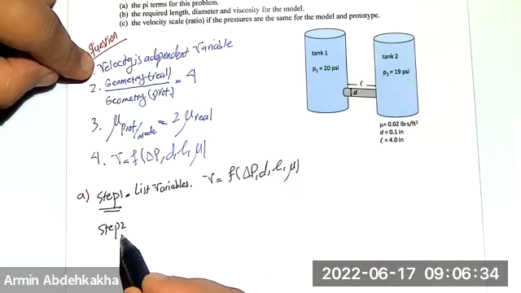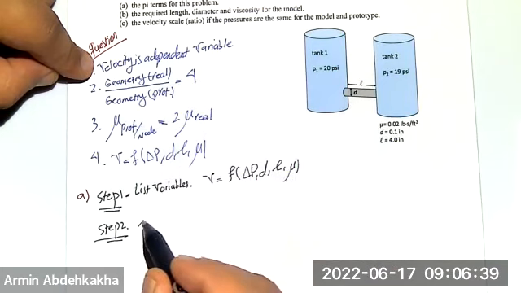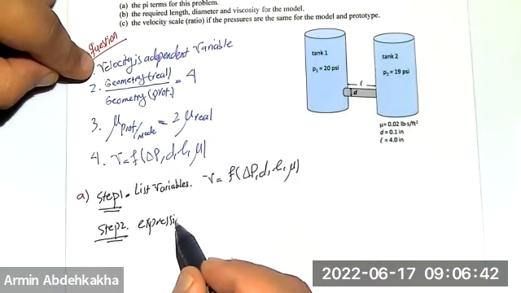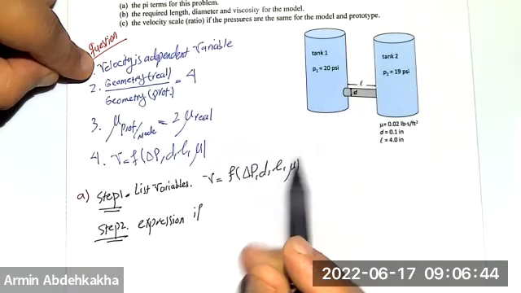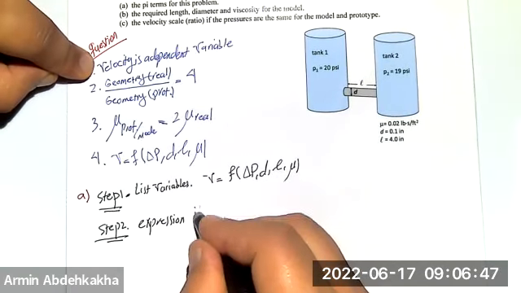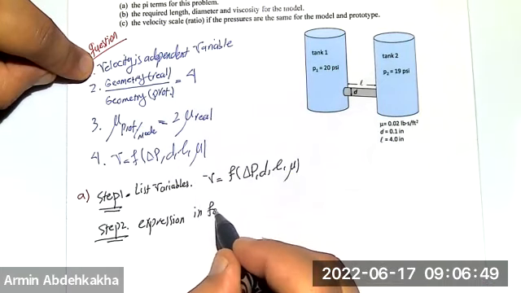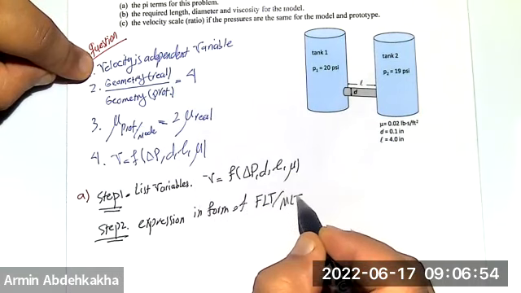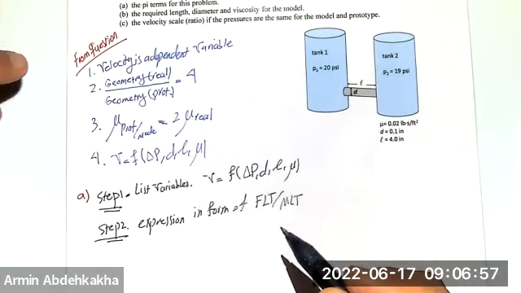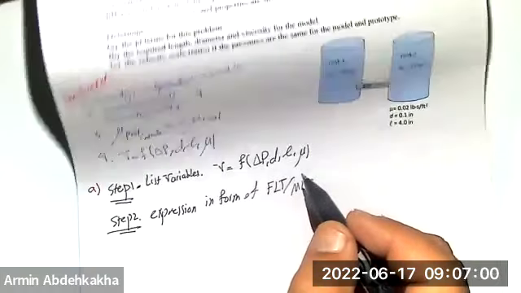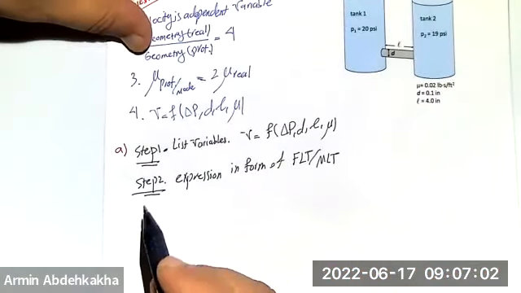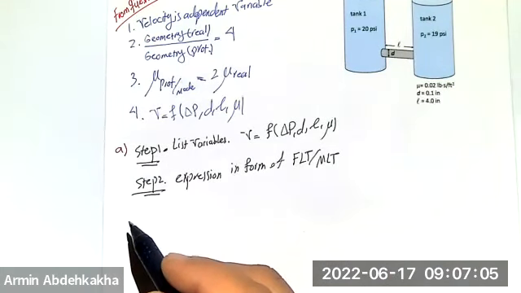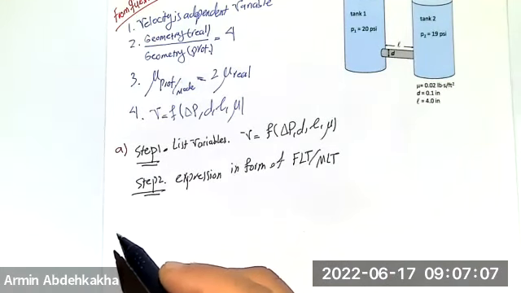For step two, expression in the form of FLT or MLT. Any variables that you have, you have to write in that form. So let's do it. Also, these are in the book, and I will give you a table during the exam, so you will have it.